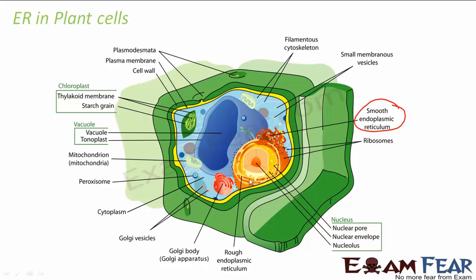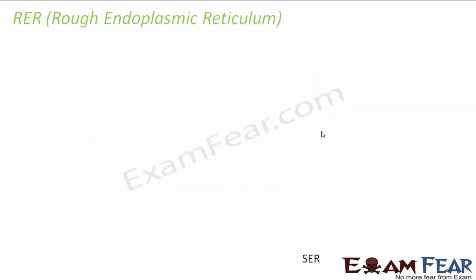It is somewhere here, where you see these dotted structures. This is rough endoplasmic reticulum. And outside the rough endoplasmic reticulum, somewhere you have the smooth endoplasmic reticulum. So endoplasmic reticulum is located nearby to the nucleus. It is not far away from the nucleus.